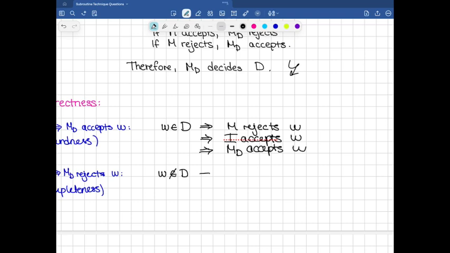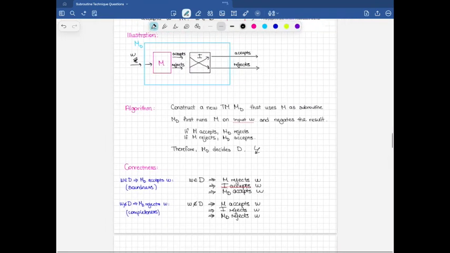Then it's basically the exact opposite. Let me write it down quickly. So M would accept W because it's not in the diagonal language. It will be in the D complement. So then I would reject W, and MD rejects W.